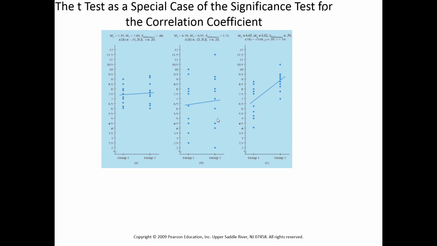I will not go into math, but I just wanted to mention that a t-test and calculating significance with correlation coefficients are not two different beasts. Mathematically, they are tightly related.